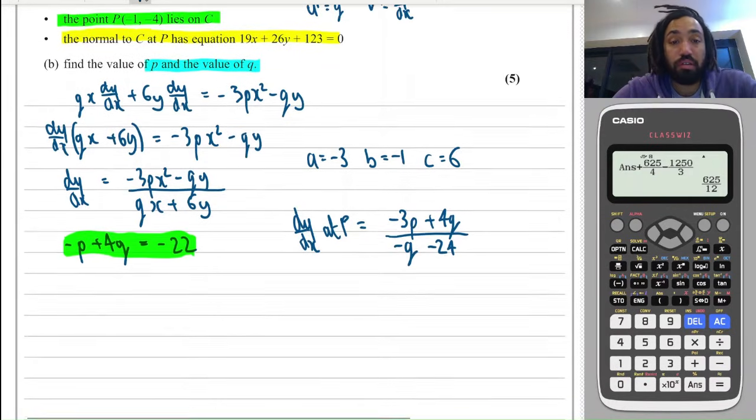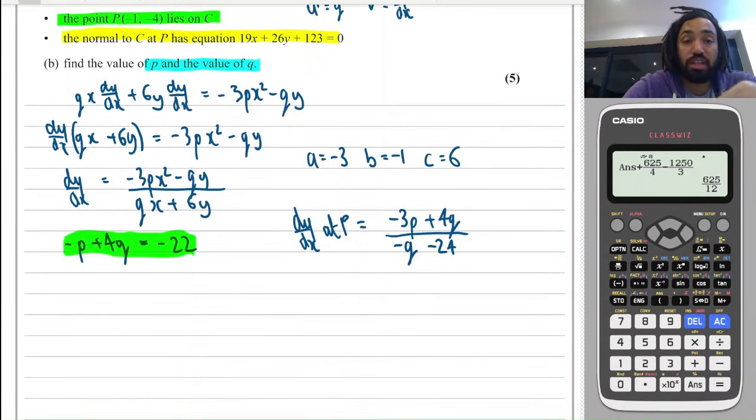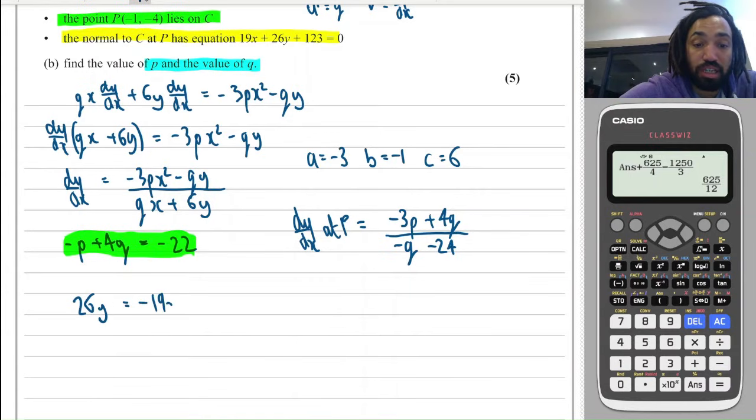So let's look at this yellow equation and try and work out what the gradient is. So that's the normal. If I make y the subject, I'm going to get minus 19x and minus 123. And then if I divide through by 26, I'm going to get minus 19 over 26 x, and minus 123 over 26.